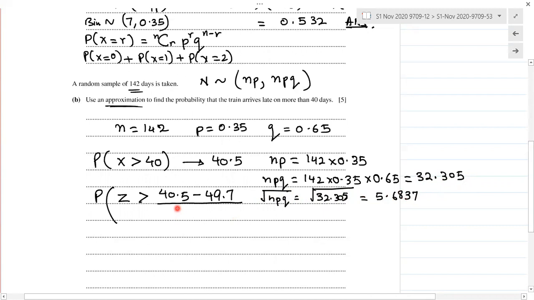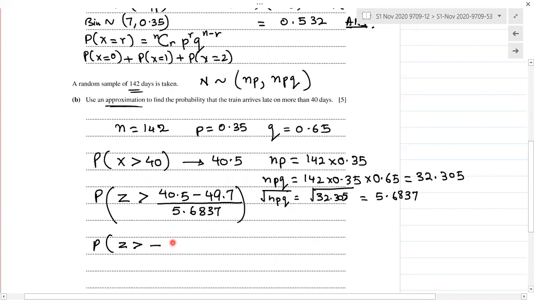So we use 5.6837 as the standard deviation: 40.5 minus 49.7 divided by this standard deviation.